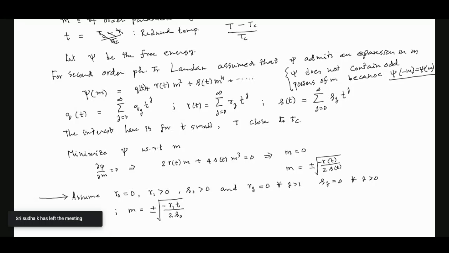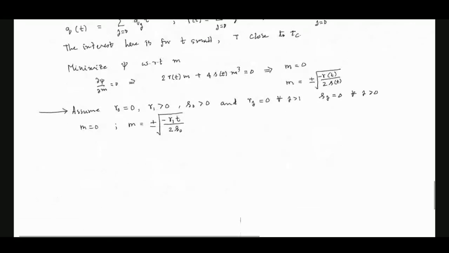You will understand why this is important here. Now, let's say you consider the high temperature region, high T. That means we have T greater than Tc.